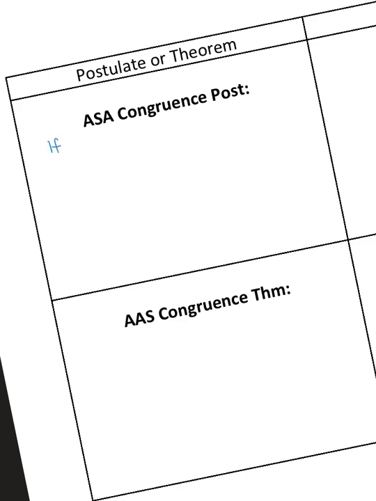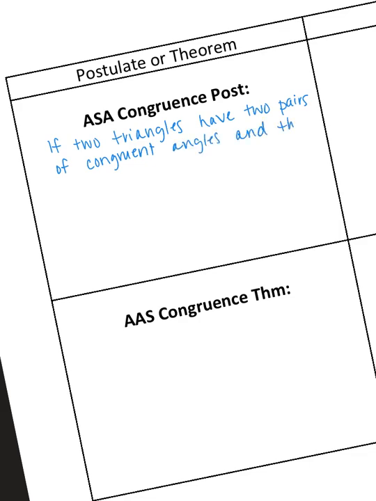It says if 2 triangles have 2 pairs of congruent angles and the included sides are congruent, then the 2 triangles are congruent.